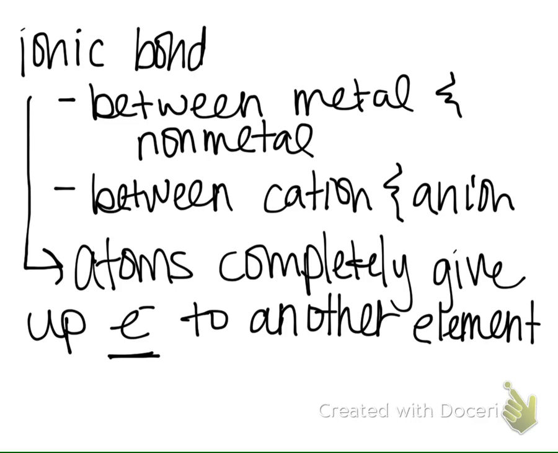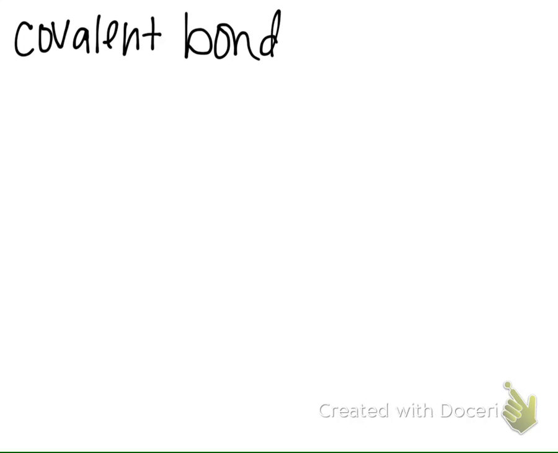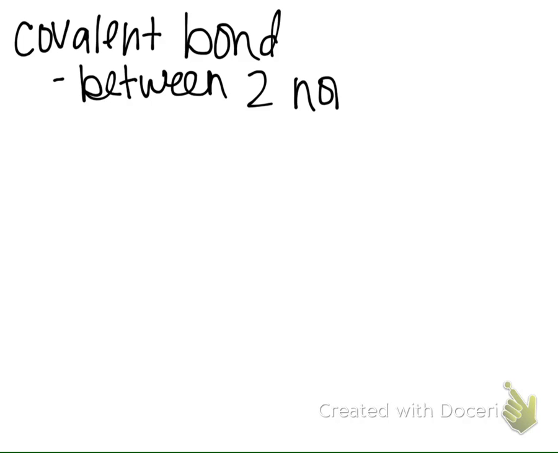So opposite of that is what we call the covalent bond. Are we ready to change sides here? Covalent bonds are between what? Exactly, between two nonmetals, or two anions.